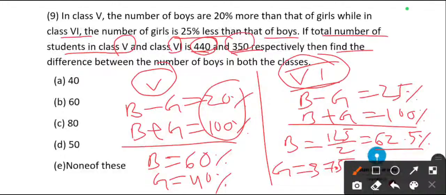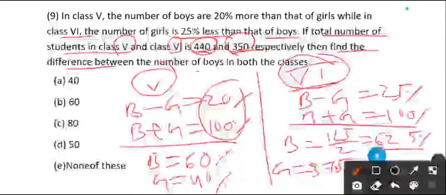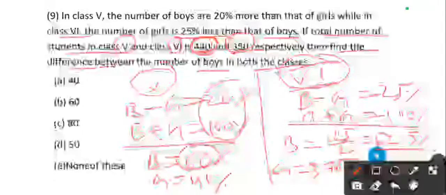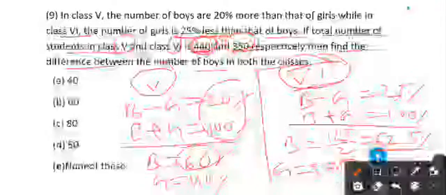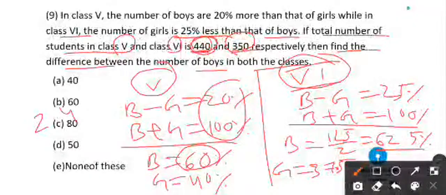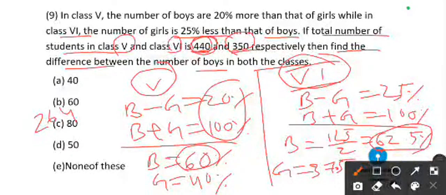Now what we need to find is the difference between the number of boys in both the classes. So 60% of 440, 6 times 4 is 24, 24 times 11 is 264, and here we have boys which is 62.5 percentage of 350.